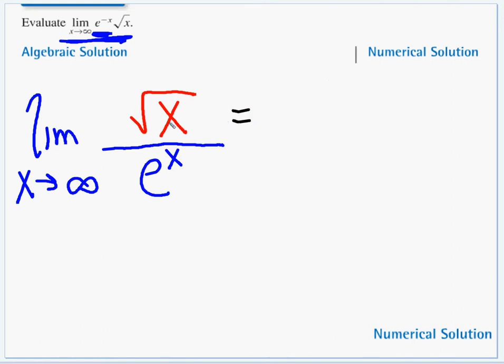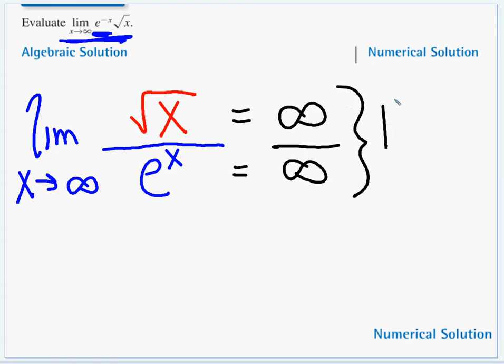So now the square root of infinity is infinity. The e to the positive infinity is also equal to infinity. So another indeterminate form, but we can apply L'Hopital's rule. It's in that form, infinity over infinity.